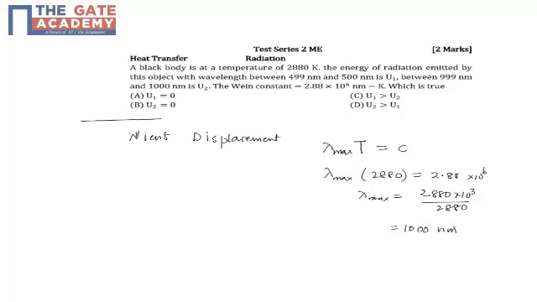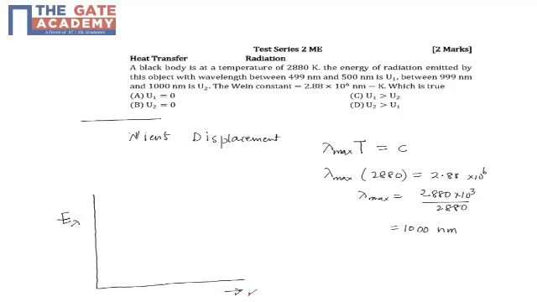If you remember the Planck's distribution curve, which plots the spectral density, remember this is spectral density, it's not the emissive power, it's the spectral density, which is per unit wavelength.